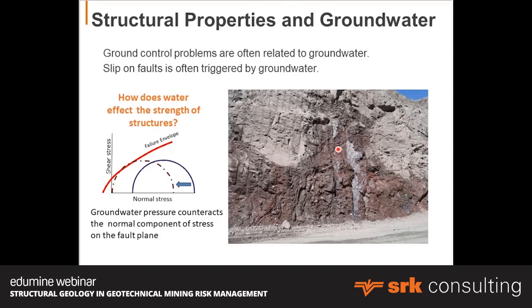So you're moving, if this is a Mohr-Coulomb diagram, that's your sigma 1 and that's your sigma 3, your maximum and minimum stress. All right, you actually end up reducing the normal stress and moving this whole Mohr-Coulomb diagram across towards the failure envelope. Okay, so that's why in the end you actually get failure along that fault.